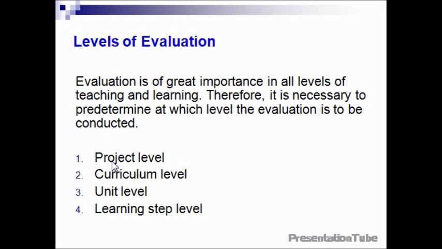In the curriculum level, you just evaluate a curriculum, for example, the Arabic curriculum or the technology curriculum. In the unit level, you just evaluate a unit of some subject. After that, the last level is the learning step level.